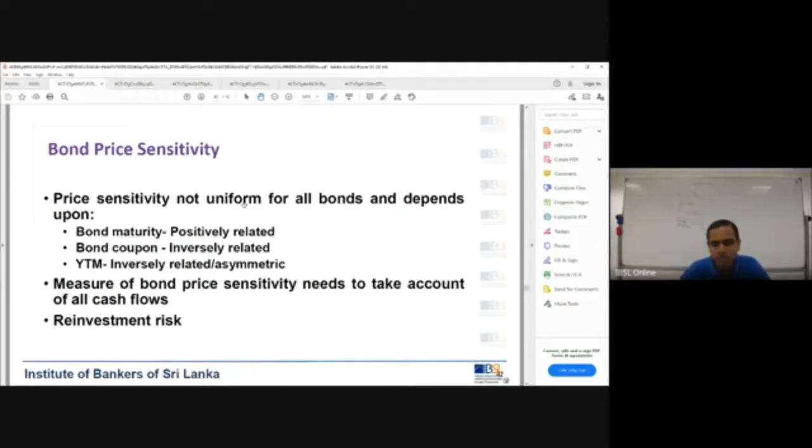Yield to maturity is again inversely related: at a low yield, bonds are more sensitive than at high yields. Right, so it's easy to remember, because coupon and yields are both interest rates. So if you talk about interest rates, there is always an inverse relationship, and only with maturity there is a positive relationship.